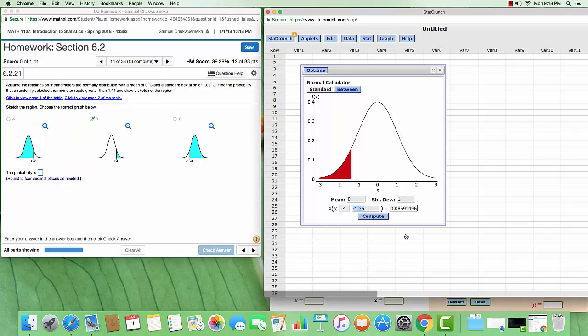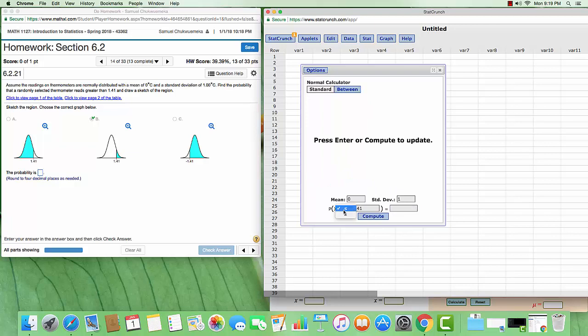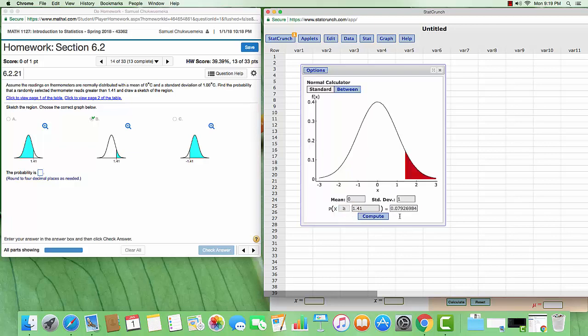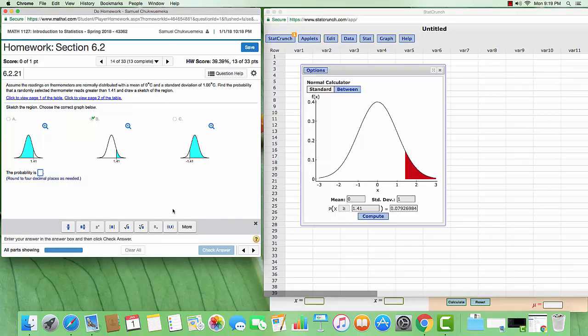Let's put the z-score 1.41 and you select greater than. So the probability here is 0.0793.